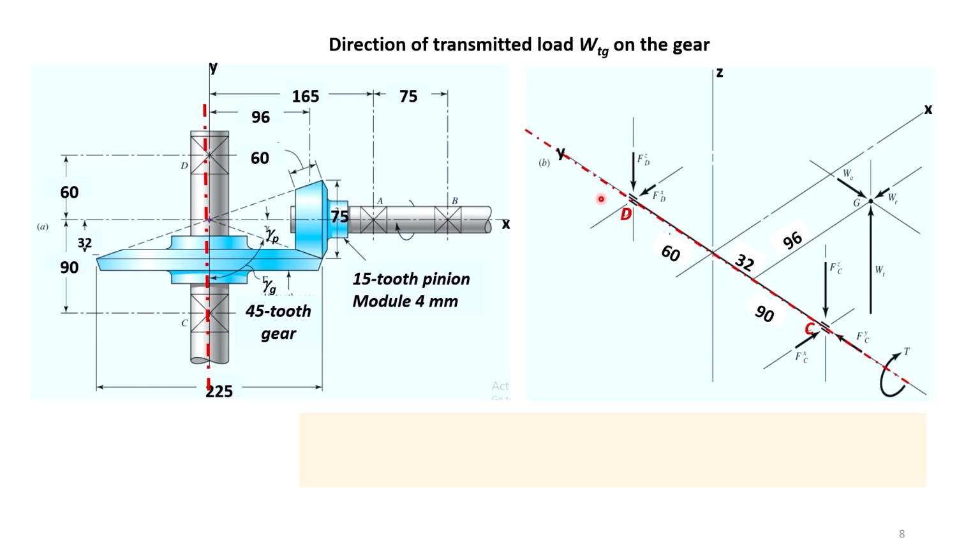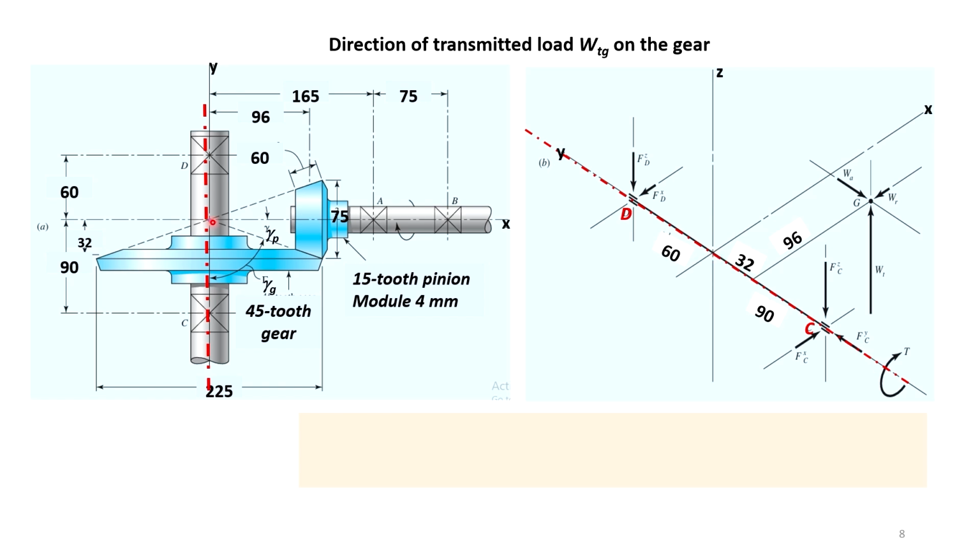Now, it is shown here. This is the origin. In this isometric view, the shaft of the gear is shown, and the bearings D and C are shown, and the pitch point, which is somewhere here, is called G. This pitch point is at an average distance of 96.